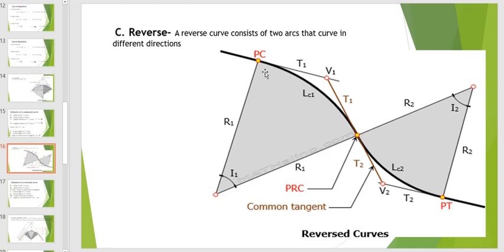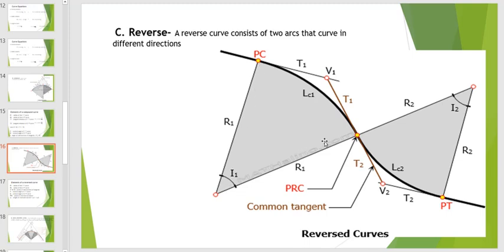So same concept and elements as the simple curve. We have the PC and the PT, and instead we call this the PRC, the point of the reverse curve. They have the common tangent. So this is the line of the common tangent but in opposite directions.